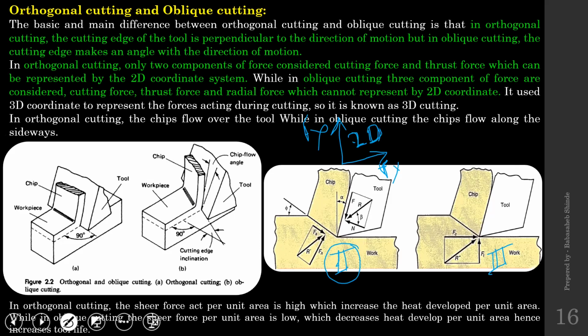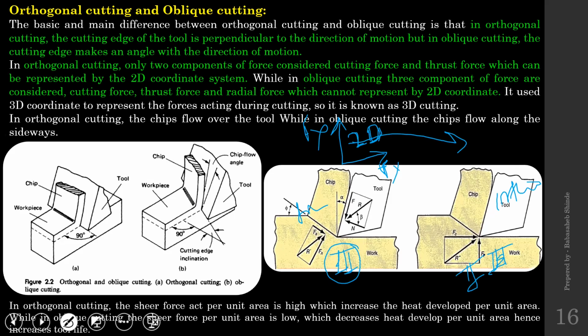Whereas in case of... okay, I wrote it in the wrong place. Actually, this is orthogonal cutting and this is oblique cutting. So this one I should have written over here. So this is the 3D system and this is the 2D system.